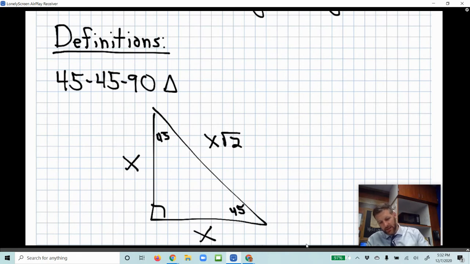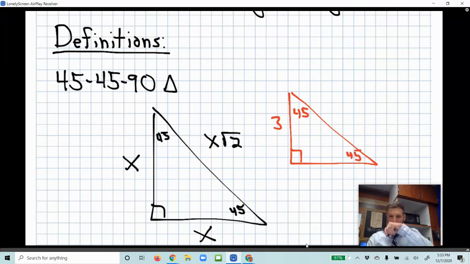As just a simple example, if we take another little triangle here, and they tell us this leg is 3, and of course they tell us this is a 45, 45 triangle, then I can immediately say, okay, I know what the other leg is, and I know what the hypotenuse is. The other leg must be 3, and the hypotenuse must be 3 square root 2, because I just take that x and put it in front of the square root of 2.